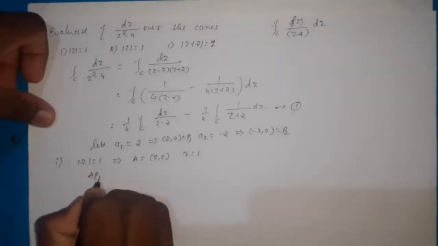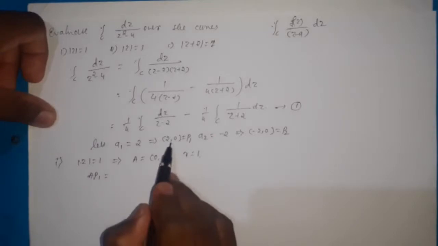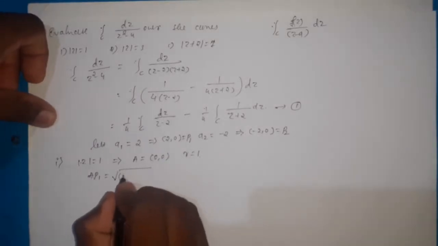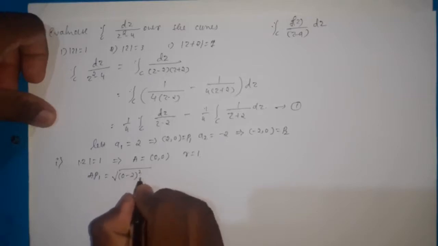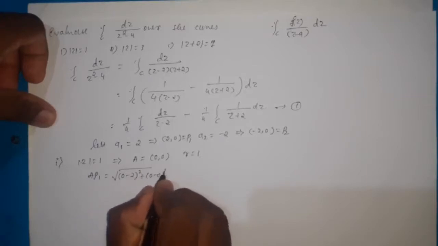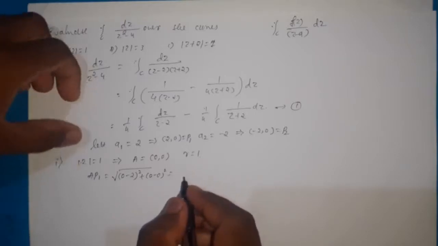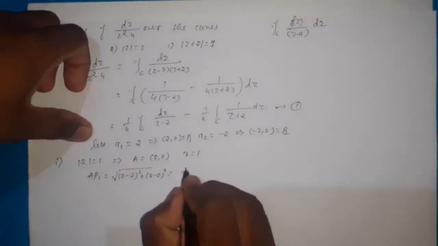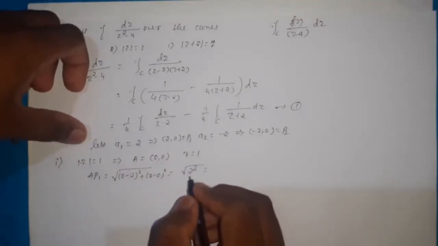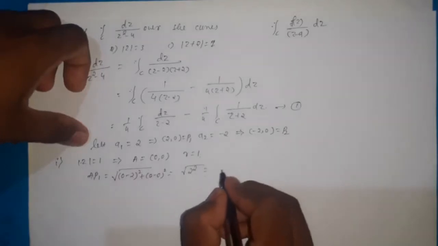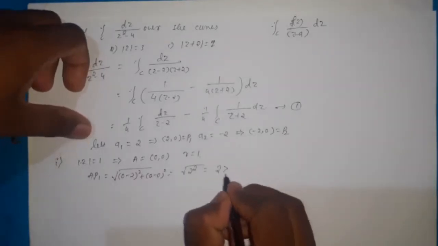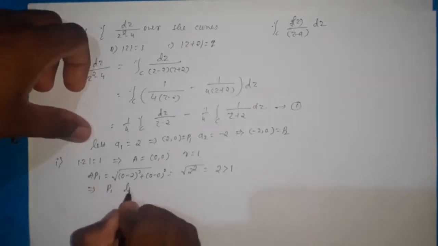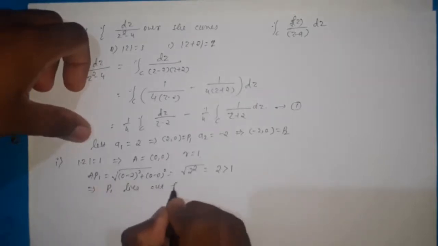So A into P1, with P1 as 2 comma 0, is square root of (0 minus 2) whole square plus (0 minus 0) whole square, which is square root of 2 square, right? Square root of 2 square means it is 2, which is greater than 1. It implies P1 lies outside the circle.